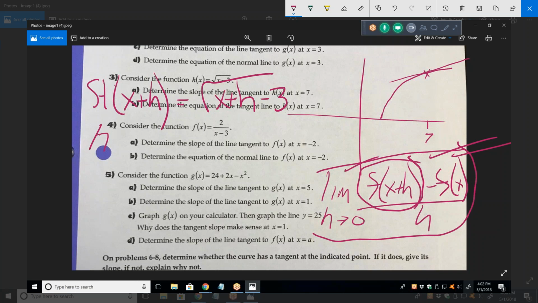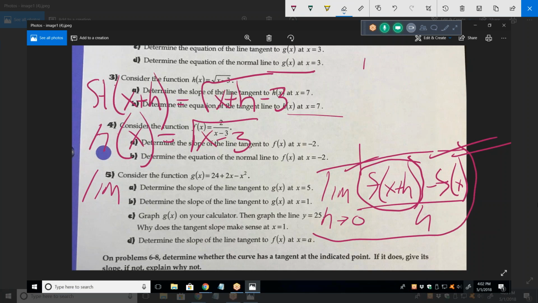h of x is square root of x minus 3. And so if we're doing the one on the right, then we want, and tell me if this bothers you, I don't have to write on top of other print here. I can open up another page and write on that. In fact, let me just write on this blank area up here on the right. You don't need that picture anymore.